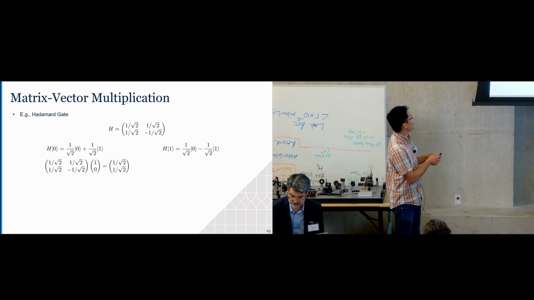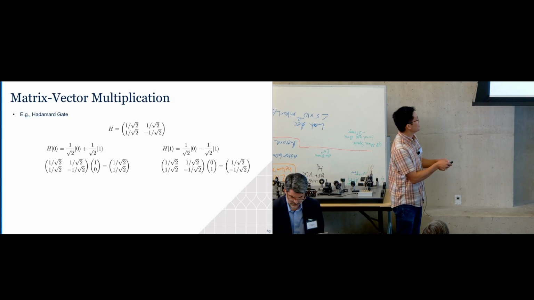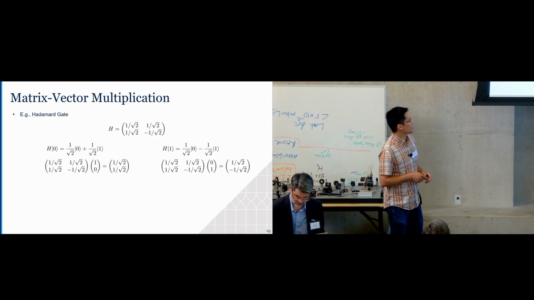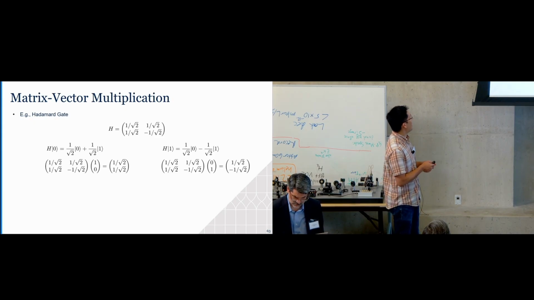The ket 0 is going to be this basis state 1, 0, and this plus state is the state 1 over root 2 and 1 over root 2. Similarly, over here, H is, again, this matrix. The ket 1 is 0, 1, and then this minus state looks like that as a vector. So how should we multiply a matrix and a vector so that it equals this? And similarly, how do we multiply this matrix and this vector to equal that?